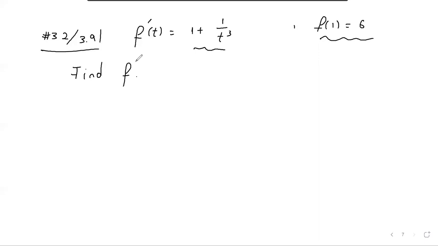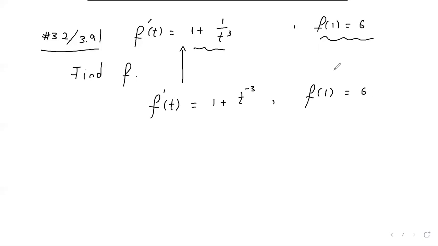Right now, we're doing a simple problem. So first of all, let's realize that f prime. So let's go back to our problem. I gave you the big context. So f prime of t is equal to 1 plus t to the negative 3. So f of 1 is equal to 6.